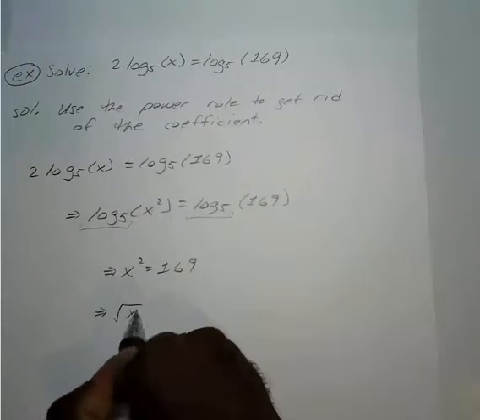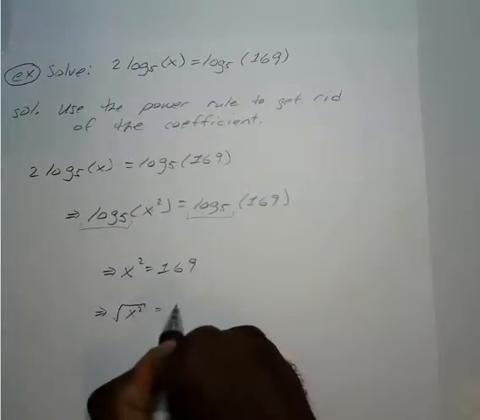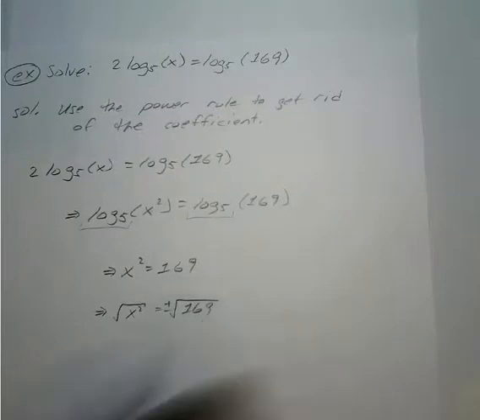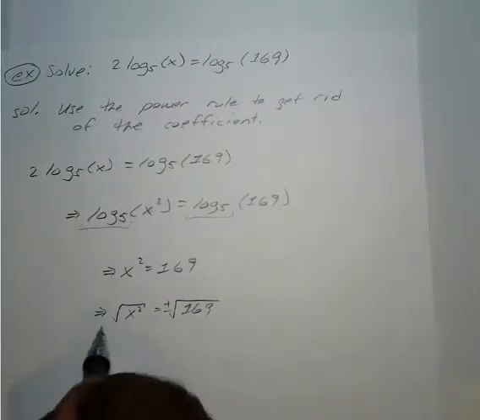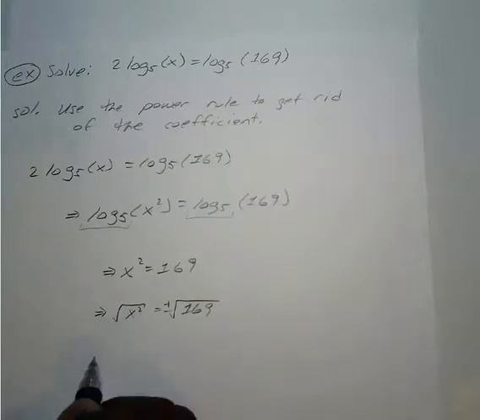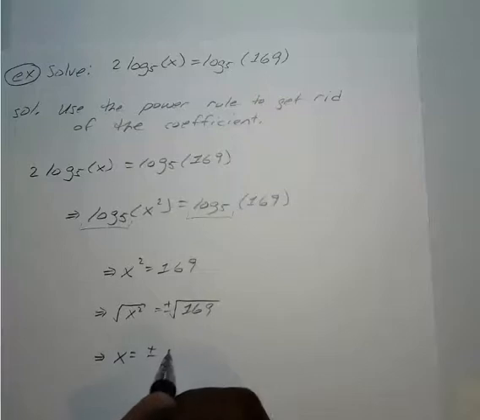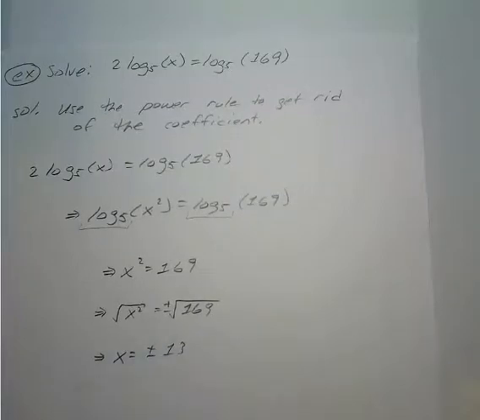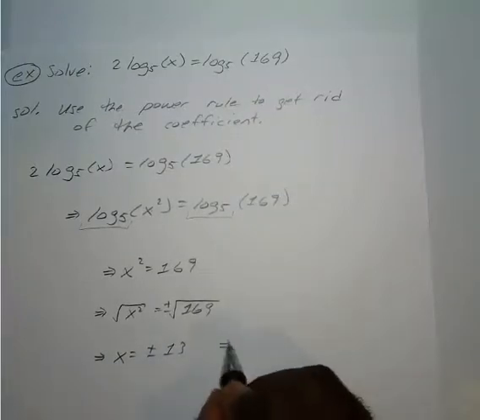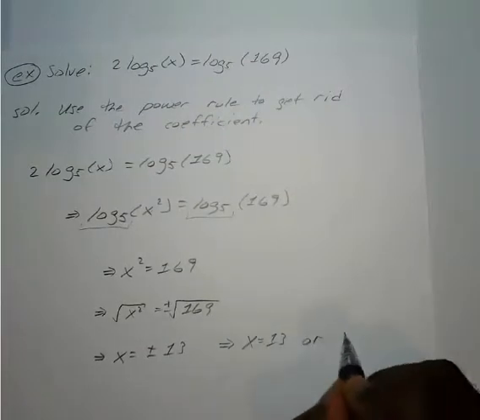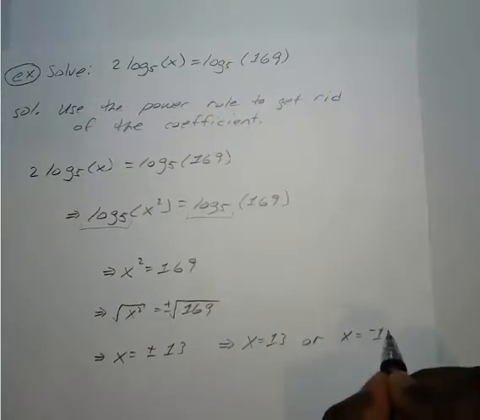So the square root of x squared equals plus or minus the square root of 169. The square root of 169 is 13, and the square root and the square cancel each other out. So you have x equals plus or minus 13, which you can rewrite as x is equal to 13 or x is equal to negative 13.